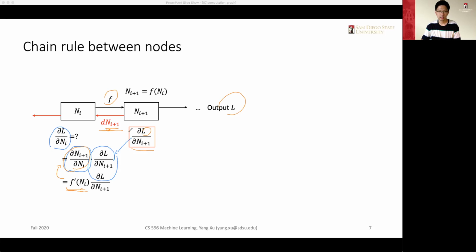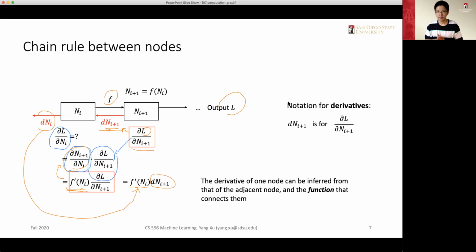So we have a compact form for all the derivatives. The derivative of the output with respect to ni can be expressed as the derivative of the function f times d of ni+1. These are the short, compact notations.